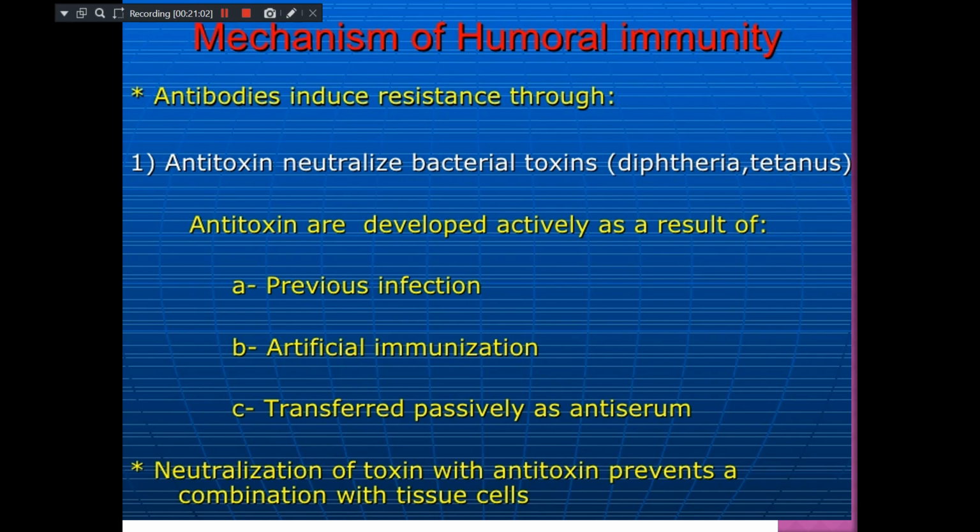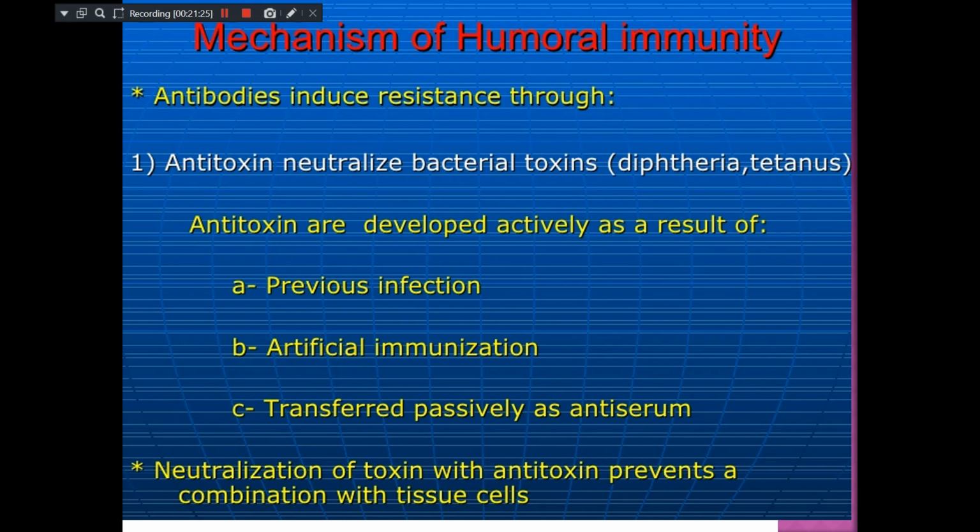So what is done is that some anti-serum is transferred from a person who is immune to that disease. A good example is, suppose there is tetanus, then usually they transfer this anti-serum.